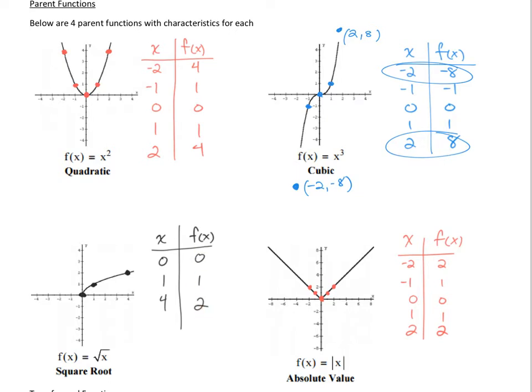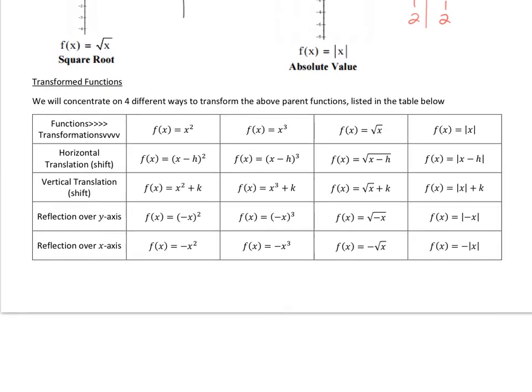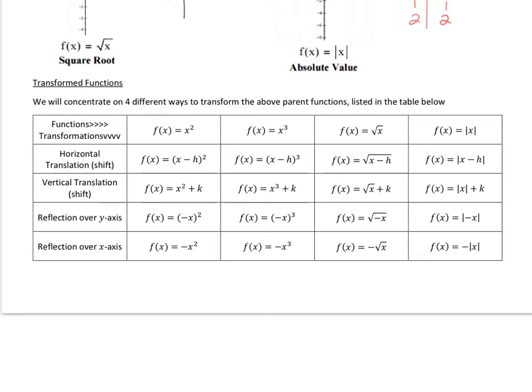All right, so now that we have some basic idea of what these parent functions are, we want to look at transformations. So how I have this table set up is here we have the functions to this side of the table, and we have the transformations down this side of the table. And so there's a lot going on here.